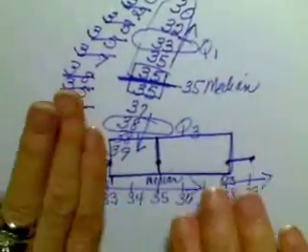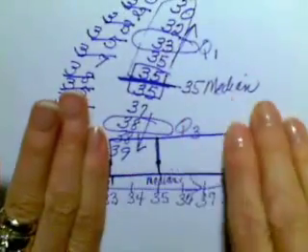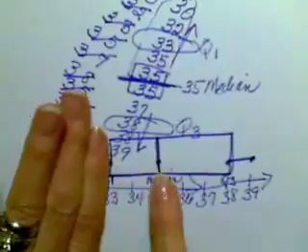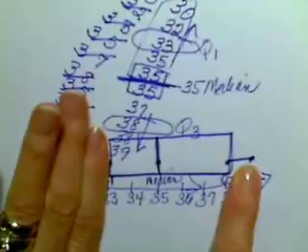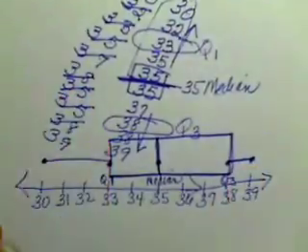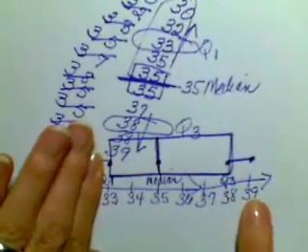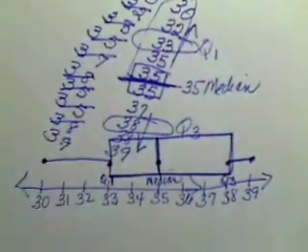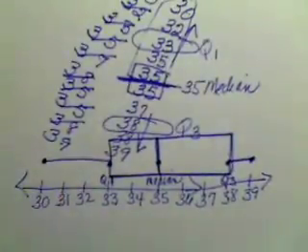So that means that 75% of the data is above 33, and that the data is closely clustered around 33 to 39. And it's spread more here on the lower quartile.